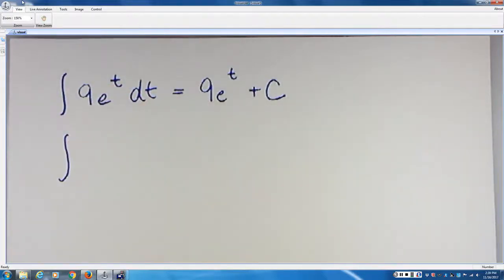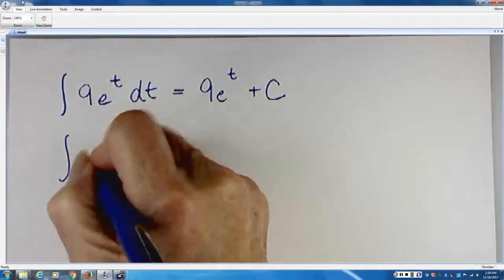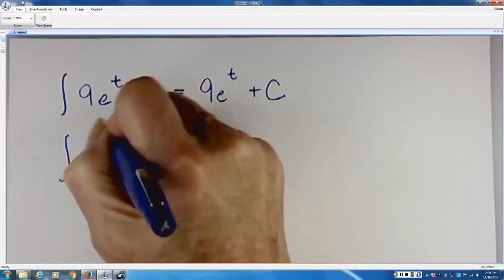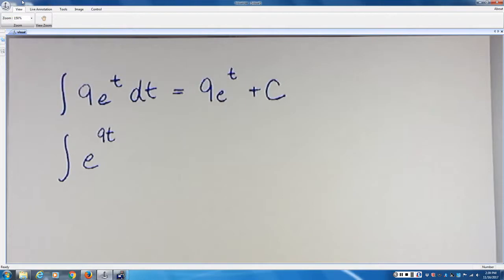If it's e to the 9t, it kind of makes a difference where the 9 is. If it's e to the 9t, then we're going to keep that 9 with the t, but we're going to divide by the 9.